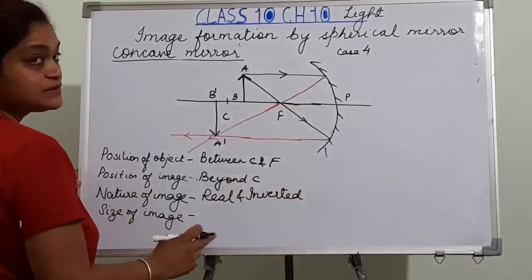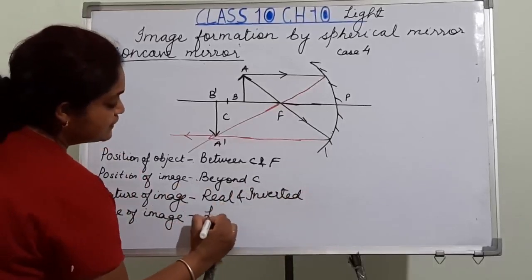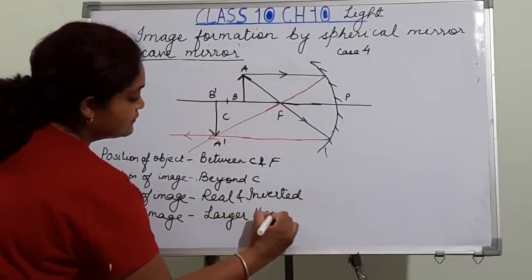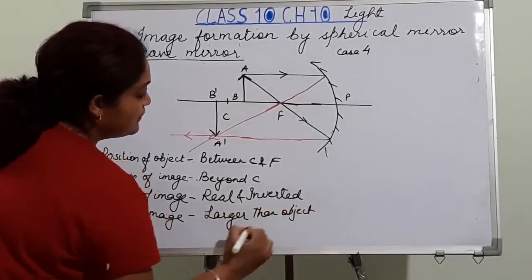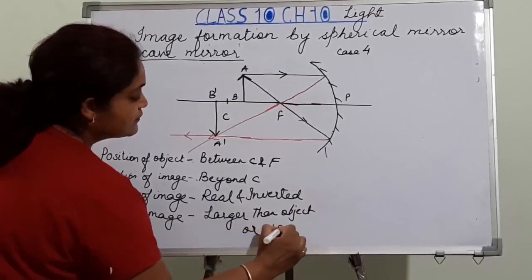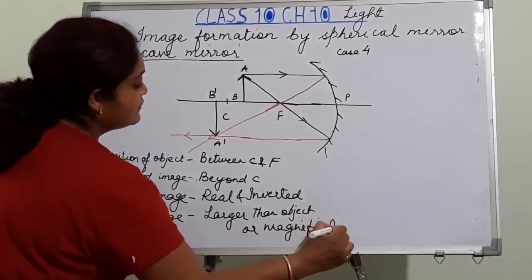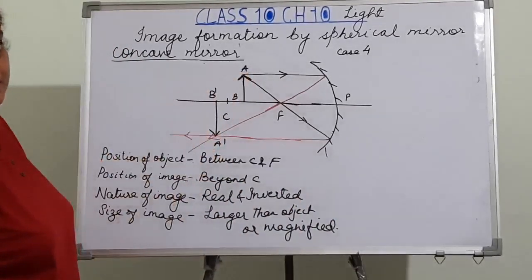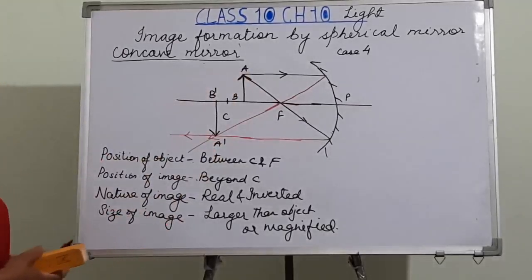Size of image is larger than the object, or magnified. So this image is larger than the object. Okay. Next case.